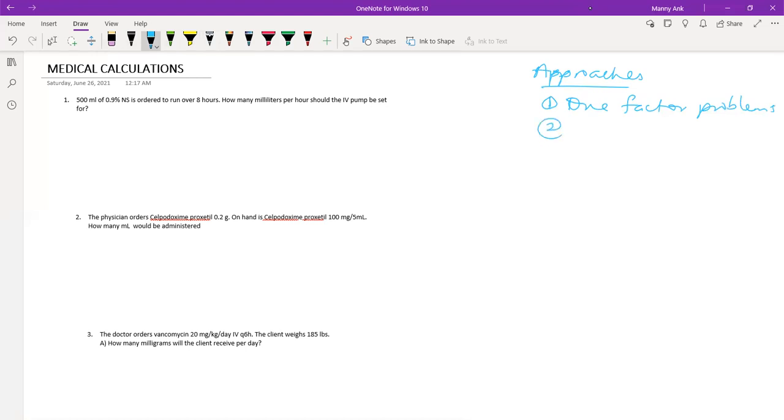And the second one, you have two-factor type of problems. And the third one will be the three-factor problems.